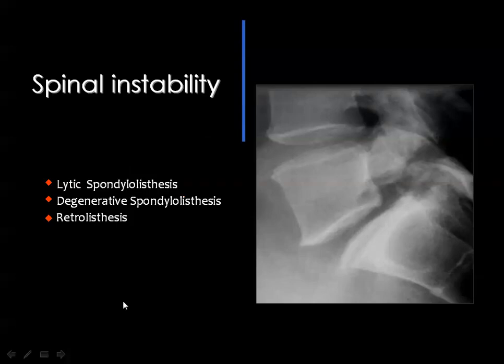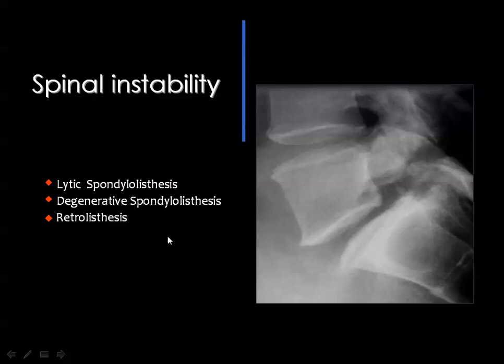Then we come to spinal instability, and we have types of vertebral displacement in relation to the vertebra below. We have anterior displacement and posterior displacement. Anterior displacement is of two types depending on the intactness of the pars interarticularis.